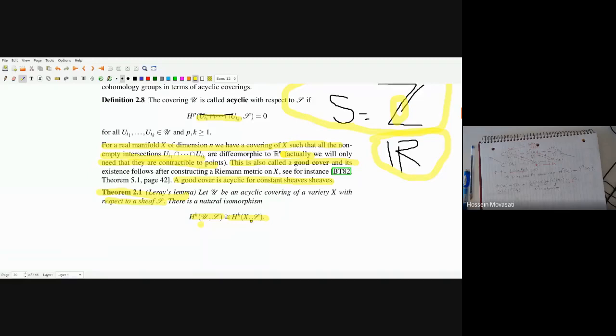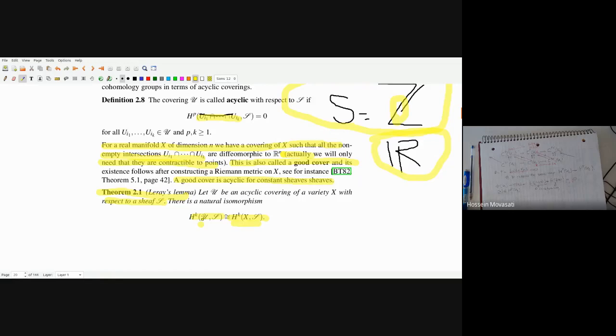So this means that really we don't need to work with this ugly definition of H^k(X). Otherwise, we just take a covering U, and do all the computations with this covering.